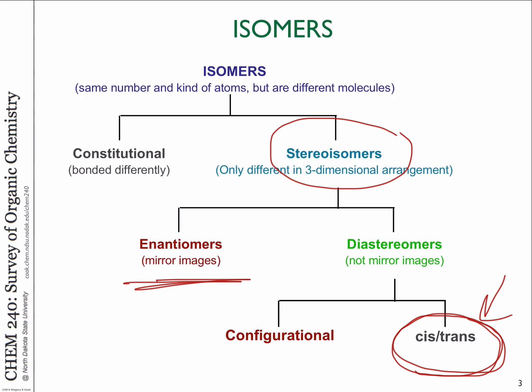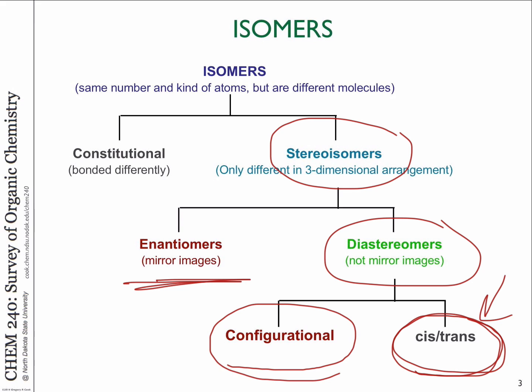Enantiomers are those which are direct mirror images of each other. Everything else, if it's a stereoisomer, is a diastereomer. Okay. Cis-trans we've been saying for quite a while. In chapter 6, we started talking about stereogenic carbons, right? So then we saw that there could be cases with more than one stereogenic carbon in a molecule if you look at a related isomer where one of those might have been inverted but the other not.